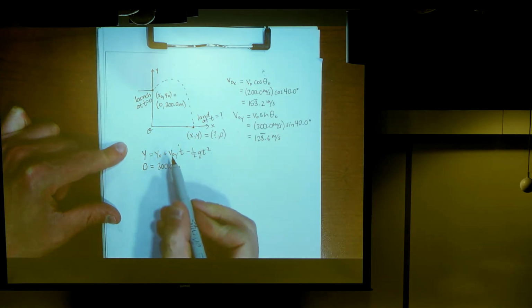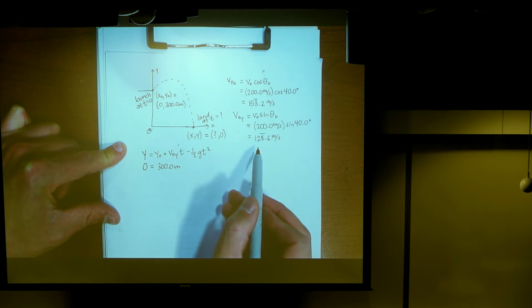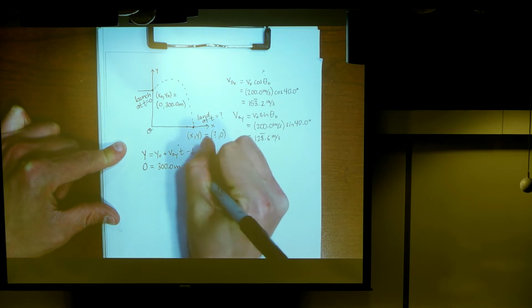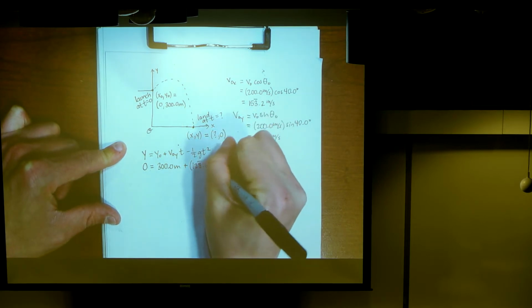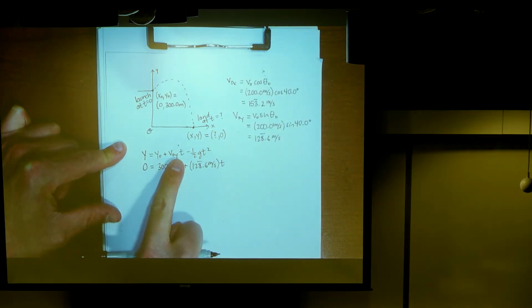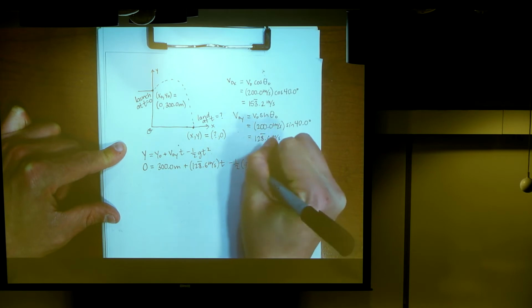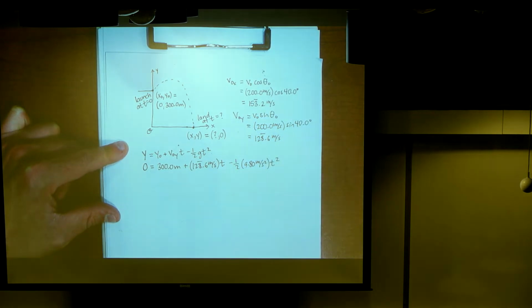Initial y velocity, we had to do a little bit of work to get that, but that's what we got when we resolved it into components. So that's 128.6 meters per second. That multiplies t, which we don't know, trying to find t, minus 1/2 g, which is 9.8 meters per second squared, multiplying t squared.